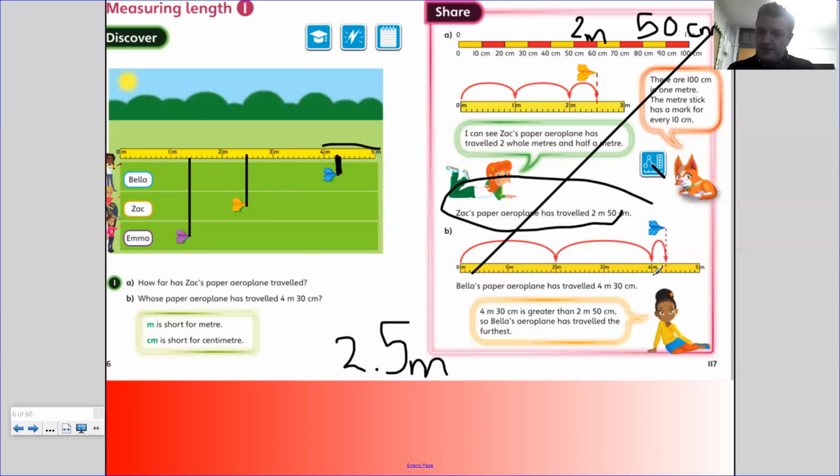So we've got 4 meters 30. You can probably do it easier with a ruler, particularly when you go to the practice book. Do a straight line from the point to the scale, the measurement meter, and then you'll get the right answer. M is short for meter, cm is short for centimeter.